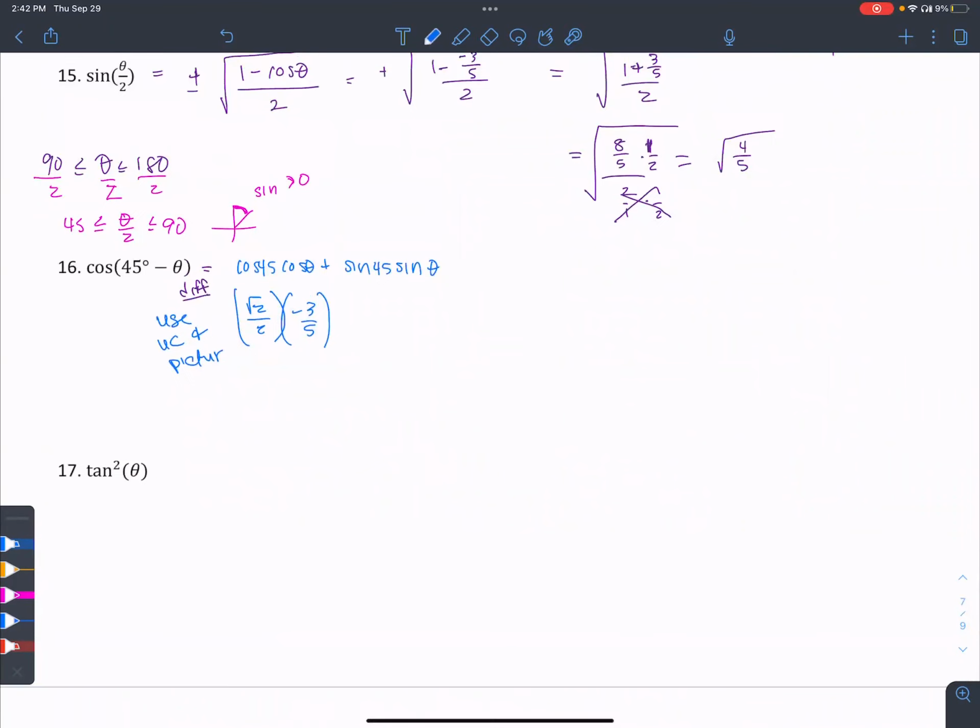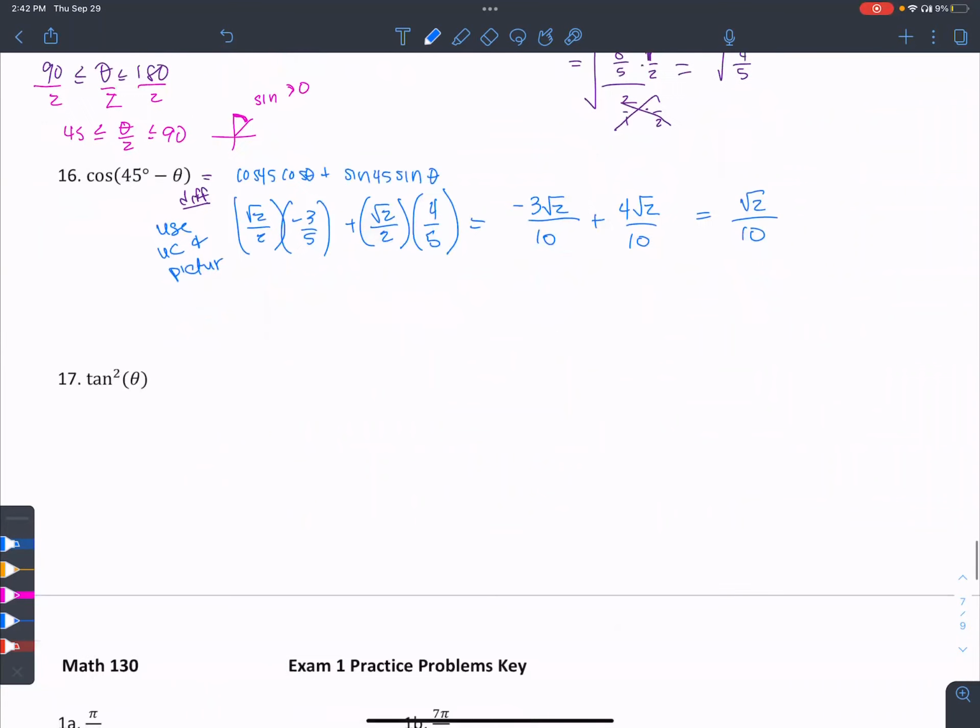Okay, then the sine of 45 degrees is root 2 over 2. And the sine of theta is 4/5. And then you're going to multiply straight across. So -3 root 2 over 10 plus 4 root 2 over 10. That is just 1 root 2 over 10. -3 plus 4.